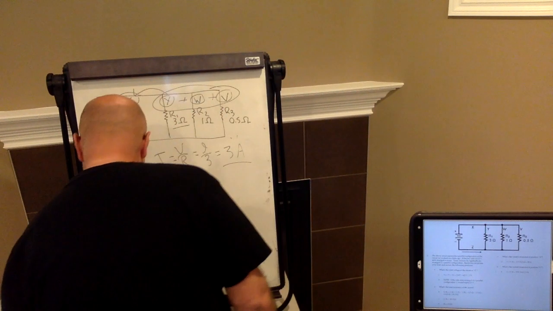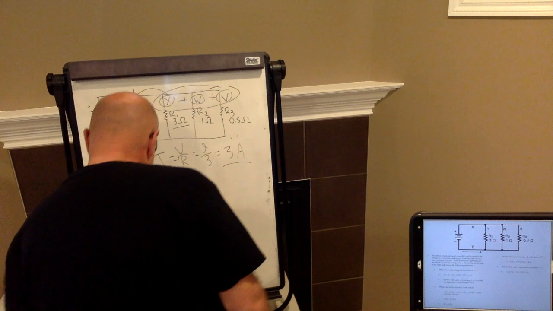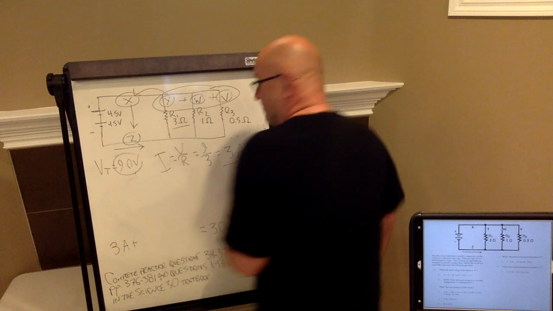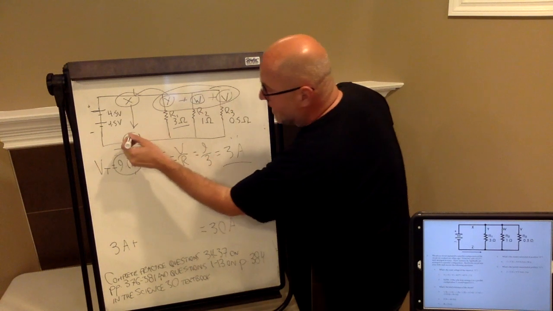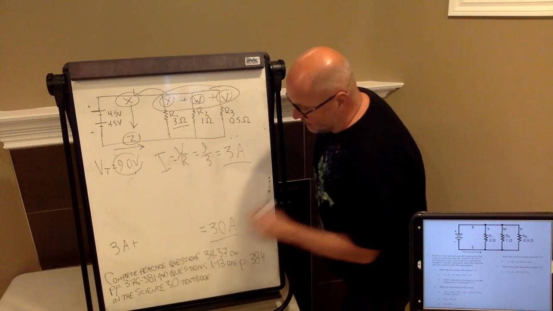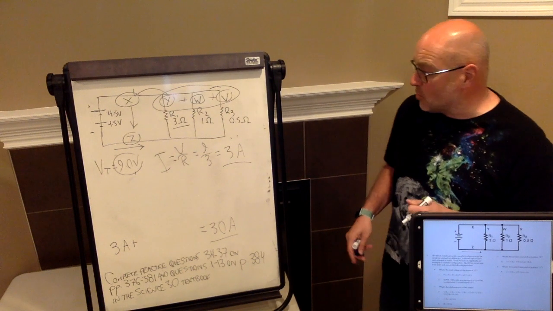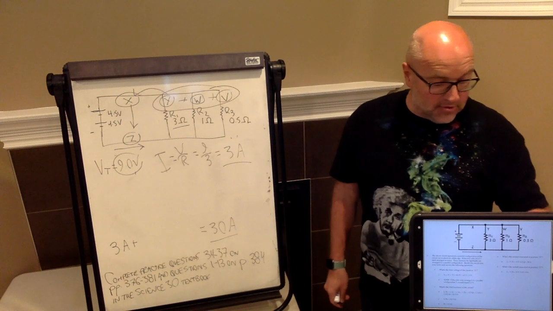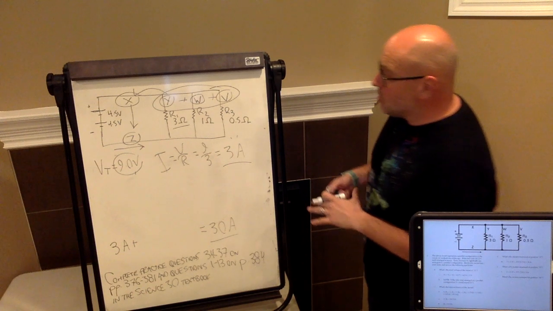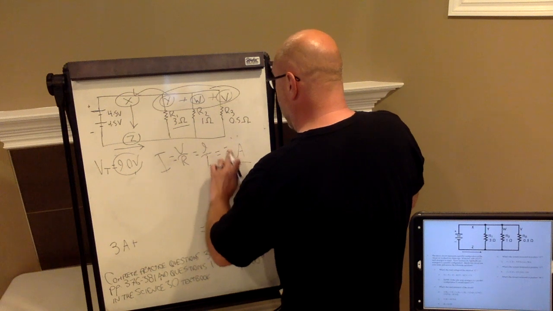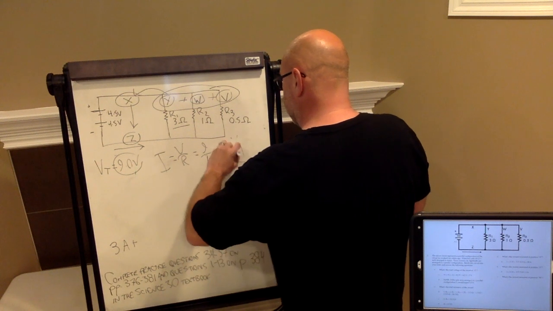I'm going to run all these numbers at the bottom just to see how they all plug together. In theory, we said that the total number of amps for the position Z is 30 amps. So in theory, I should have 3 numbers here that are going to add up to 30. Let's see if that actually works out. Next one, let's do W. W is going to be 9 divided by, in this case now, 1 ohm of resistance.